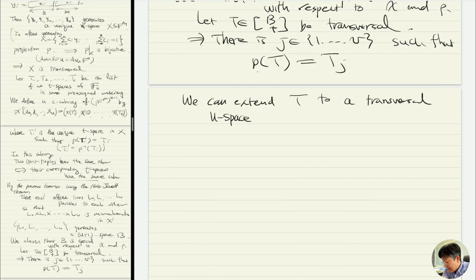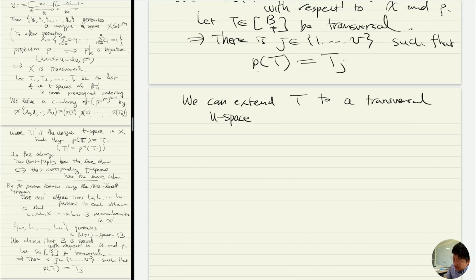Now I'm extending it, finding a direction to extend T which also increases the dimension in the projection, and I can do it until I hit the dimension U. So this is guaranteed by linear algebra.